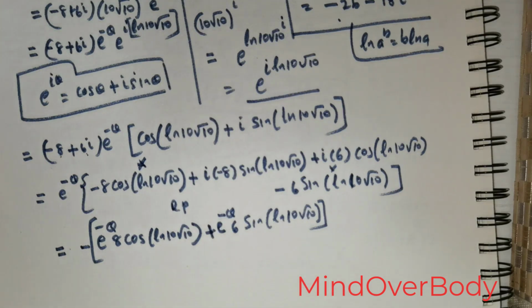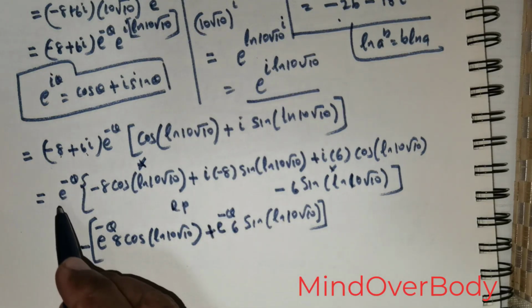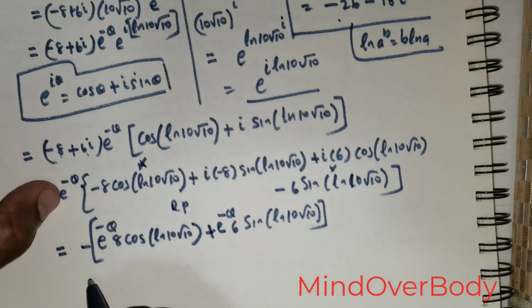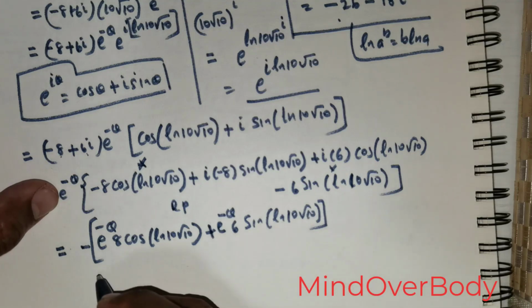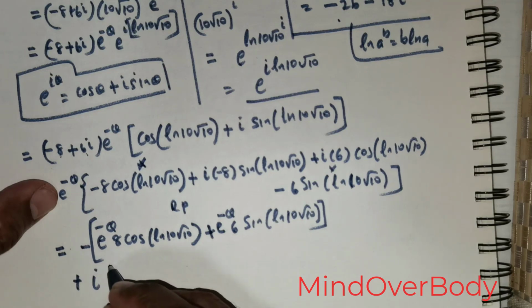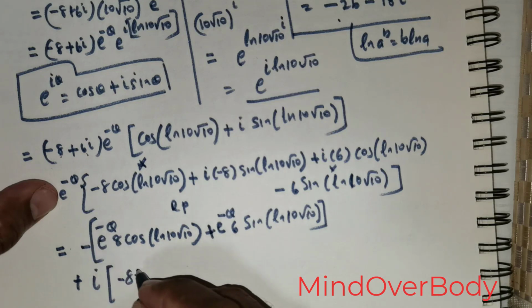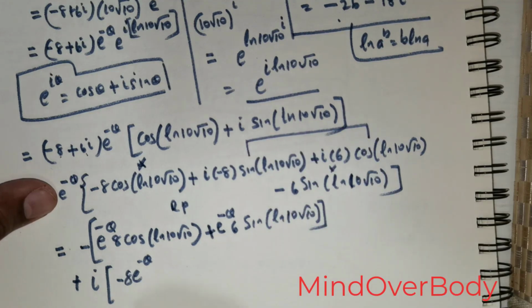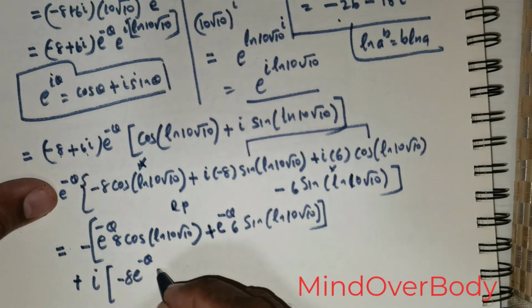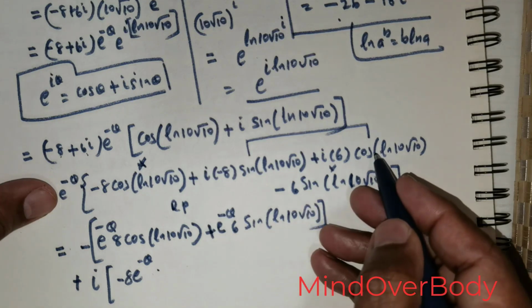Now for the imaginary part, I also need to have this e power negative theta there. So I've got a negative i and a 6, so I would have to write this as positive i. I will write this as positive i, and then I will take in negative 8 times e power negative theta, and I've got two quantities of imaginary part here. So let me write the first component cos.